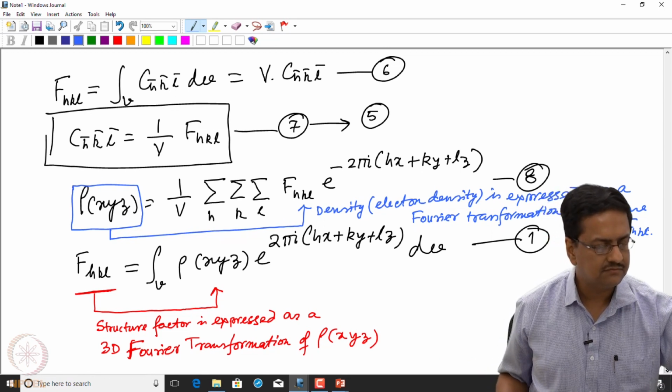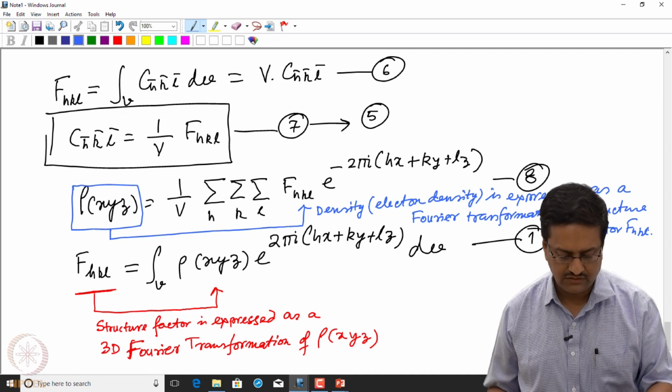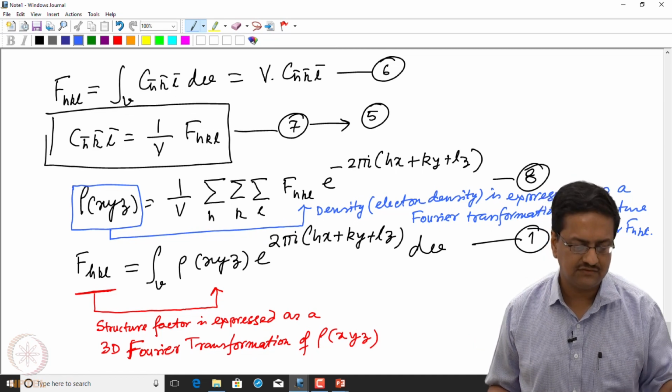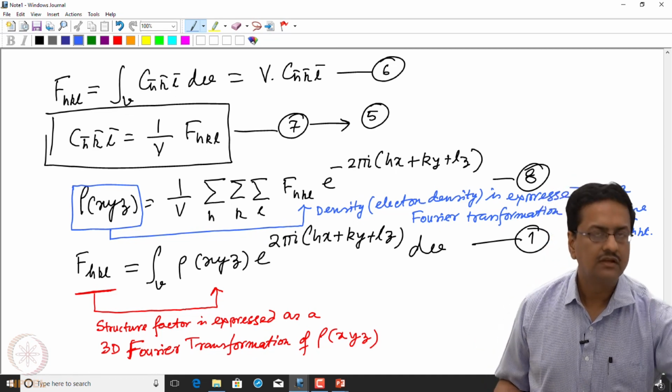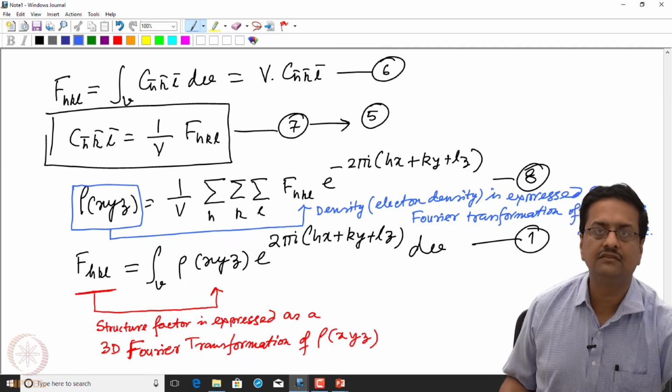So now let us extend our understanding of structure factor using the exponential form.